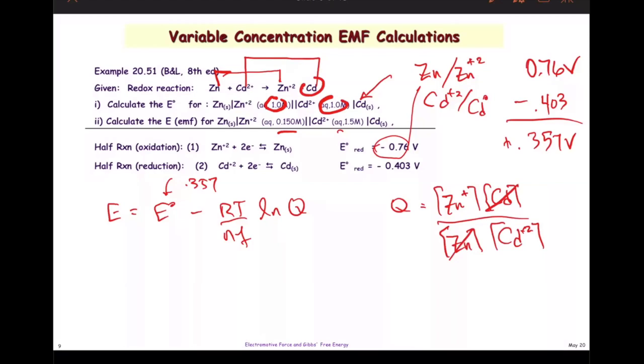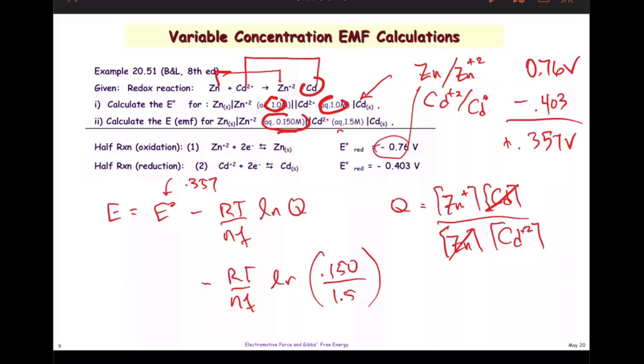So this becomes RT over nF. And notice that the electron transfer is 2 for both, so it's a 1-to-1-to-1 ratio. So the zinc concentration is up here, 0.150. And my cadmium concentration is 1.5.